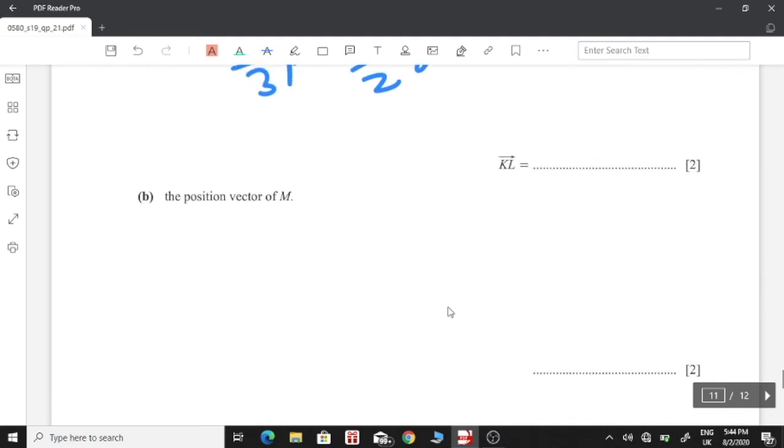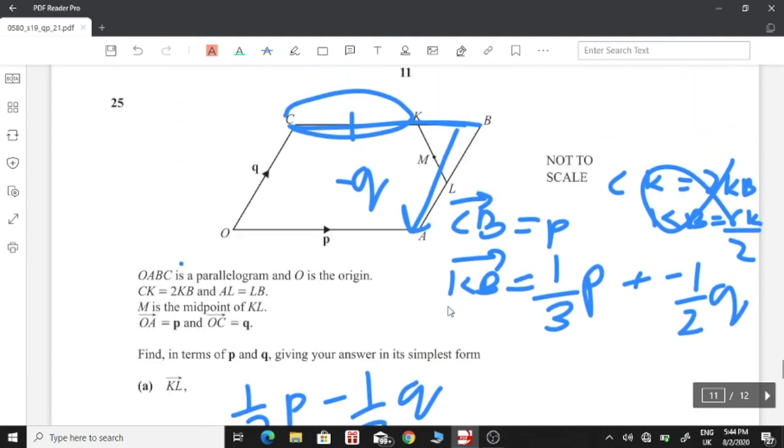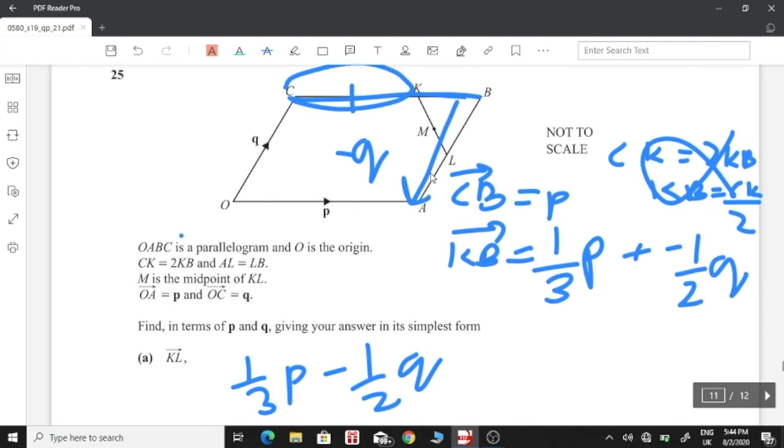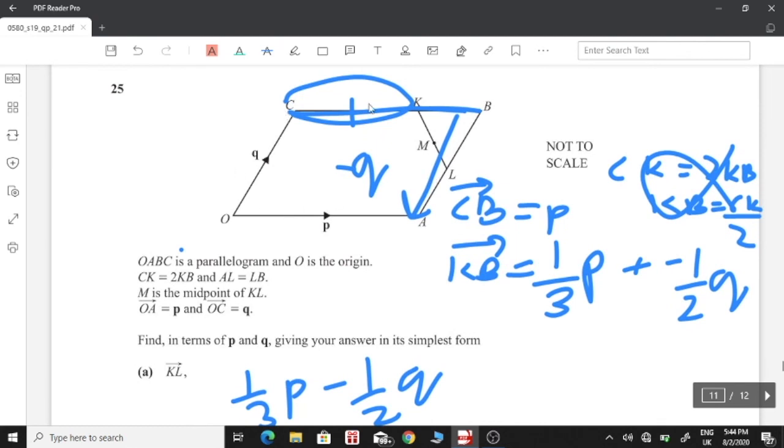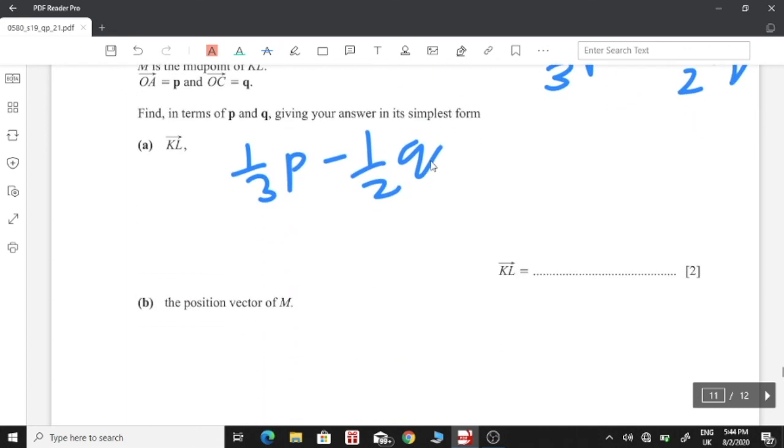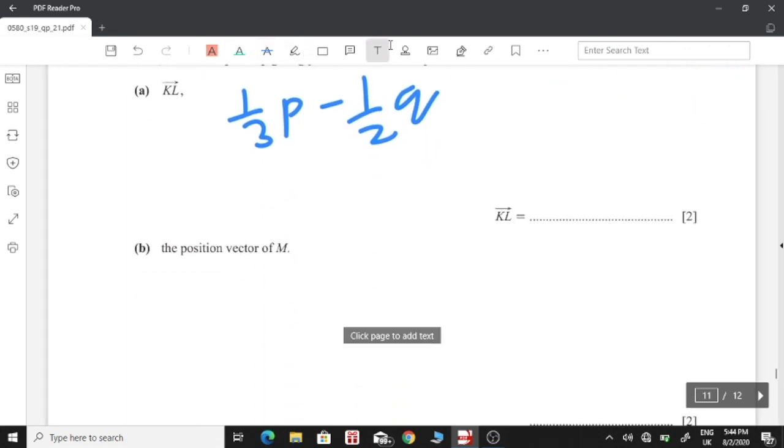B. Find the position vector of M. Okay, so we can go from O to A to L, and L to M. Or we can go from O to C to K, and then K to M. I think I'm going to go this way since we've already figured out K to L, and I'll just make it half. So let's see what we can do about KM first.